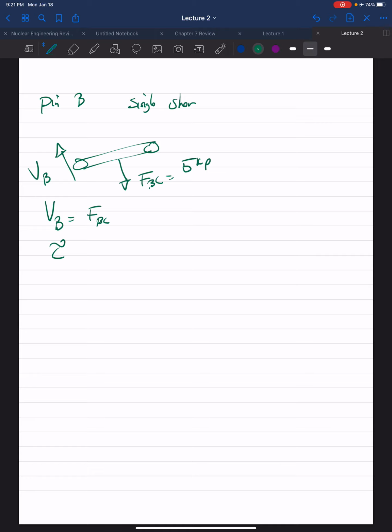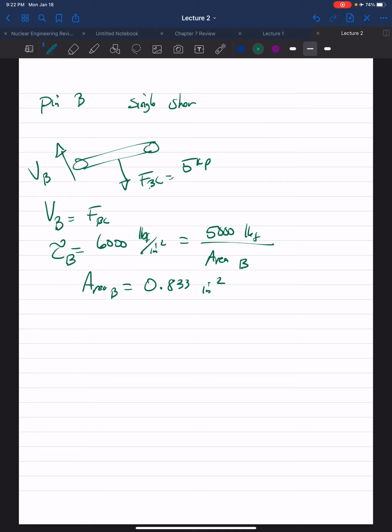Once again, our allowable shear stress was given as 6 KSI, so it's 6,000 pounds per inch squared, which is equal to our VB, which is 5 kilopounds, 5,000 pounds, over our area, we'll say area B. Pi over 4 d sub B squared is equal to 0.833 inches squared.